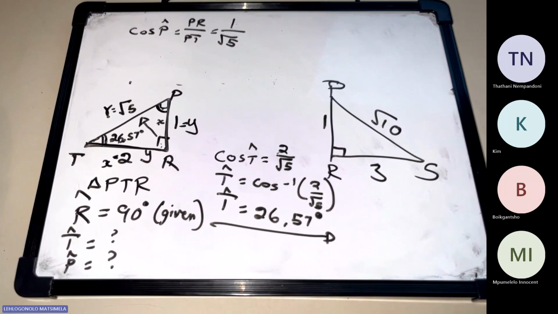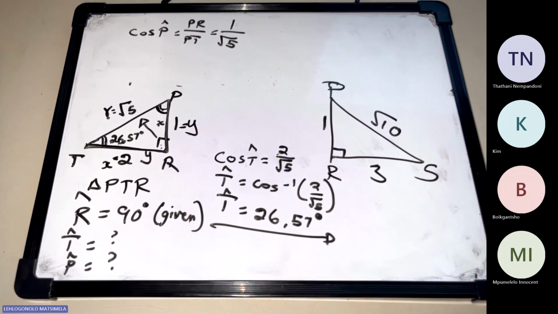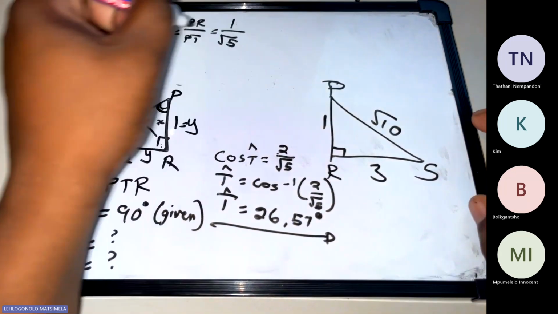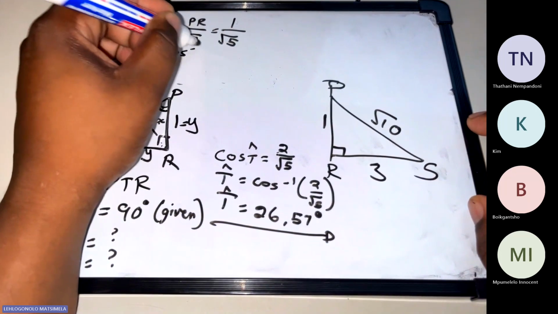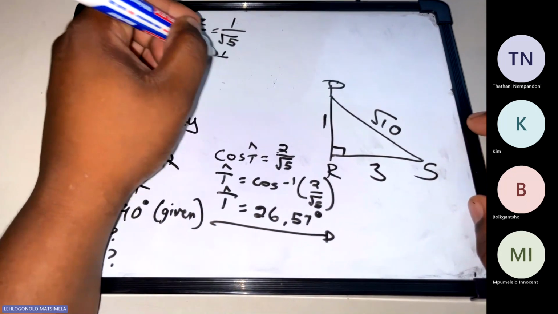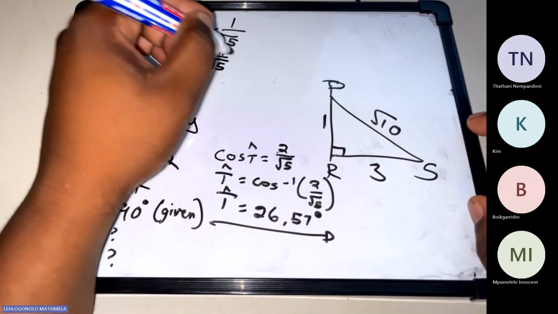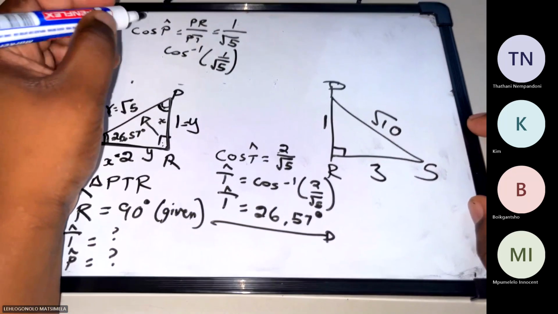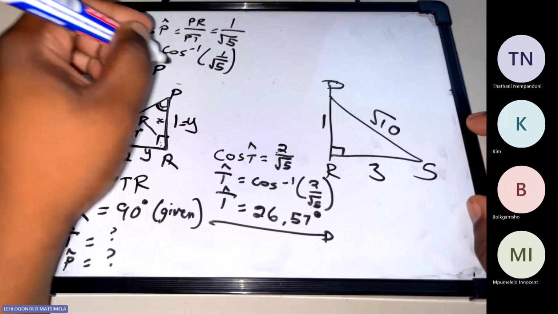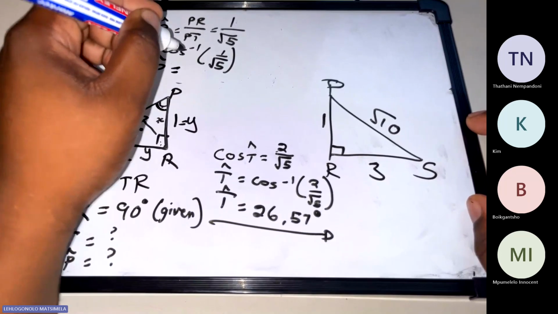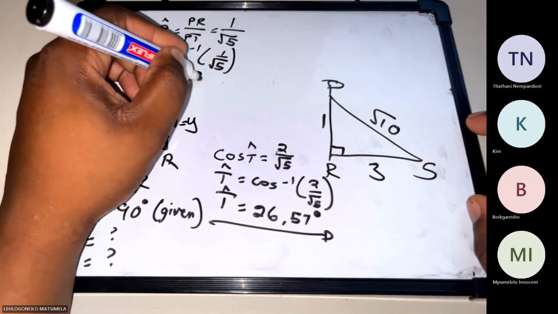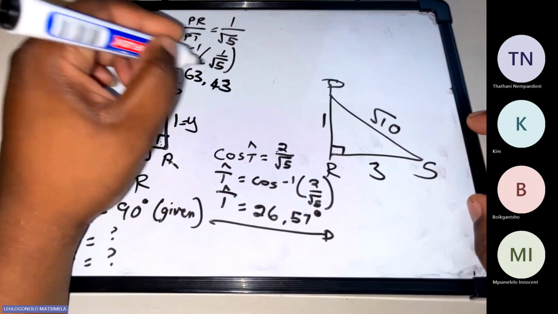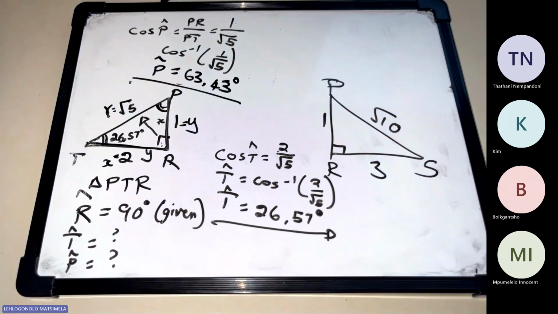Now, when we solve, we get cos shift 1 over root 5. Then the answer is as I predicted, which is 63,43 degrees.